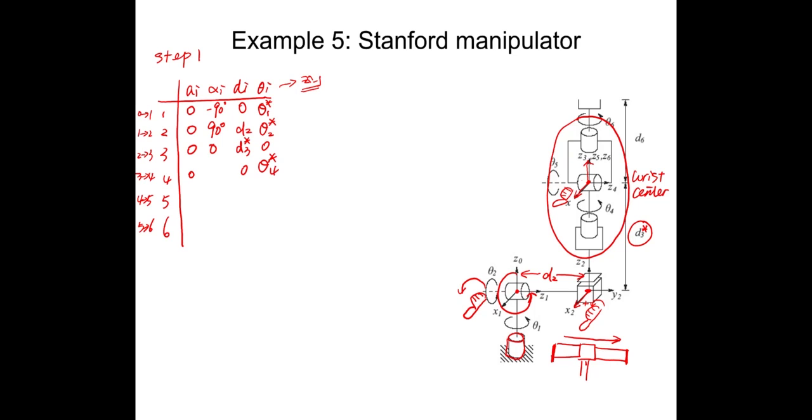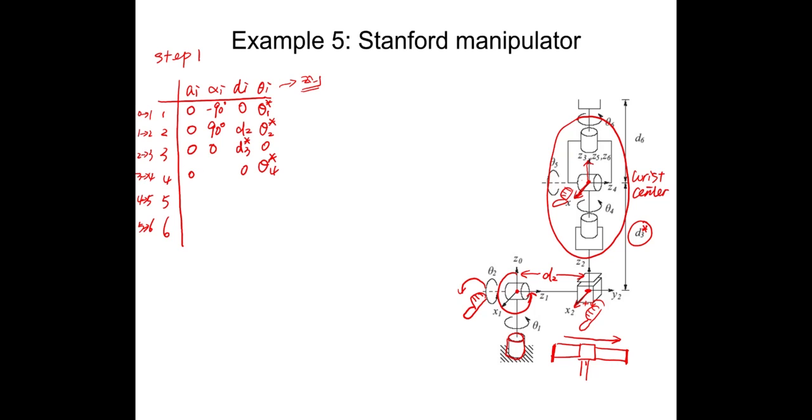And then we take a look at alpha_i. Alpha_i is the rotation around the x4 axis from z3 to z4. So again, here I'm considering the x4 axis. Where is my x4 axis? If this is z4, what is alpha_i in this case?